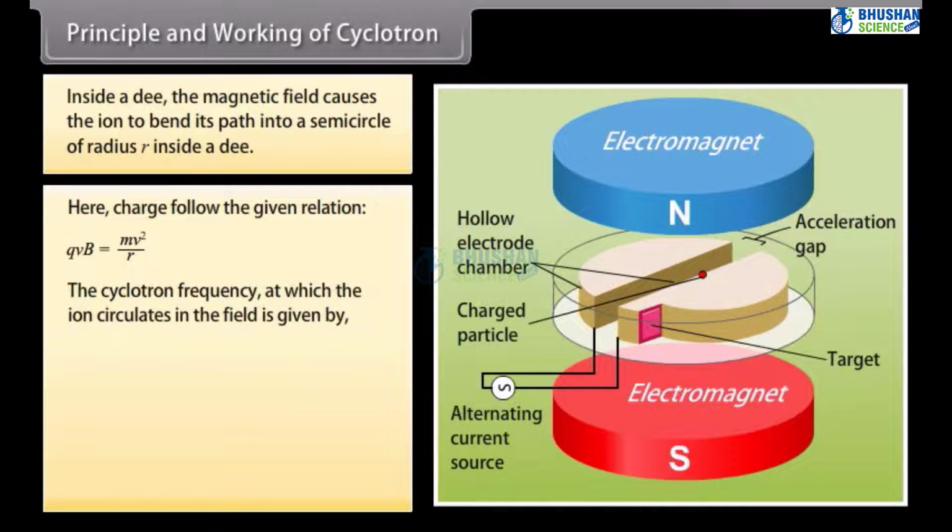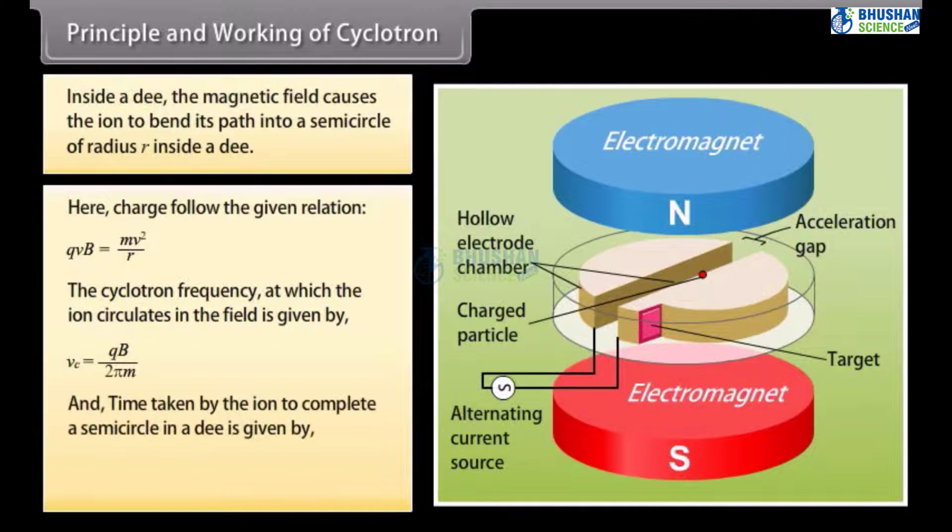The cyclotron frequency at which the ions circulate in the field is given by qB/2πm. And the time taken by the ion to complete a semicircle in a D is given by πm/qB. At resonance condition, the ion arrives between the Ds exactly in time to be repeatedly accelerated and gains energy.